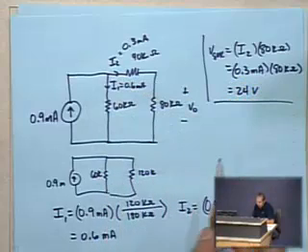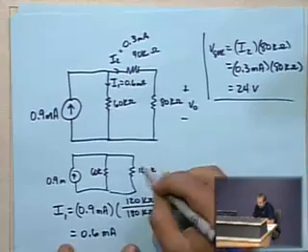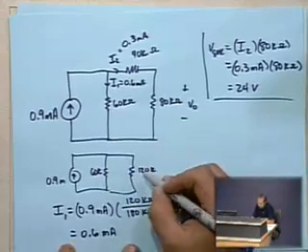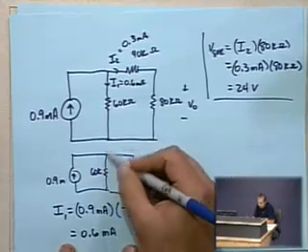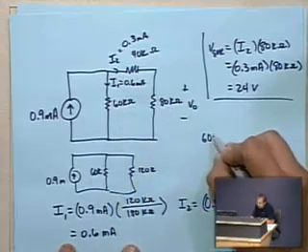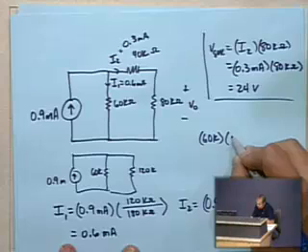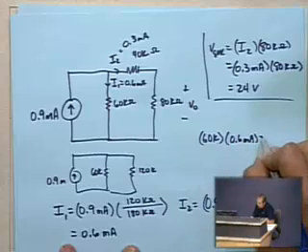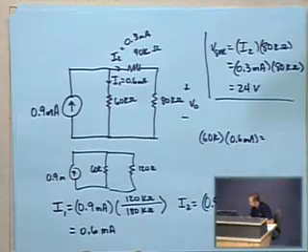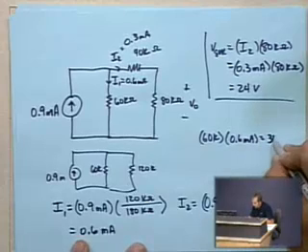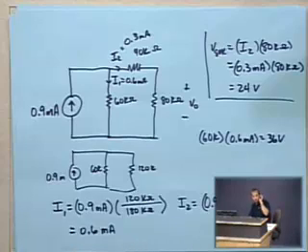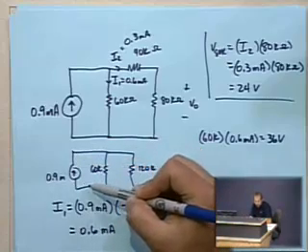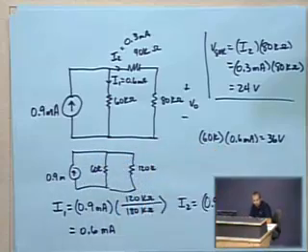For example, we know there's 60K across this one with I1 running through it. 60K times 0.6 milliamps gives us 36 volts total. So that's what's across each one of the branches as a whole, or at least across the branch with the current source and the branch with the 60K resistor.